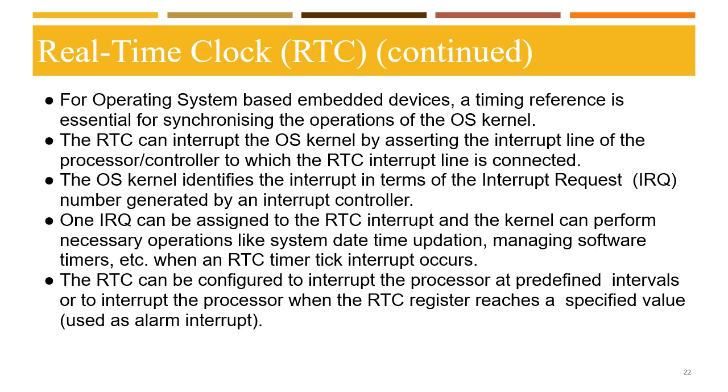One IRQ can be assigned to the RTC interrupt and the kernel can perform necessary operations like system date and time updation, managing software timers when an RTC timer tick interrupt occurs. The RTC can be configured to interrupt the processor at predefined intervals or to interrupt the processor when the RTC register reaches a specified value.